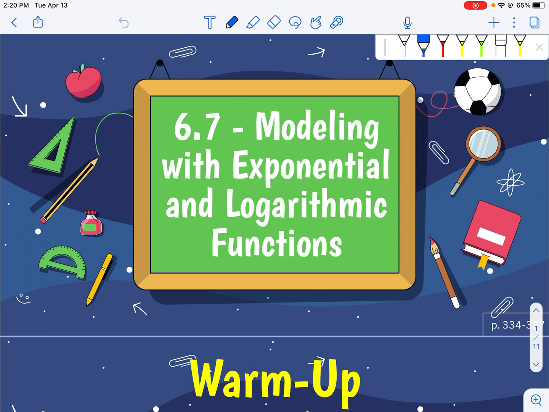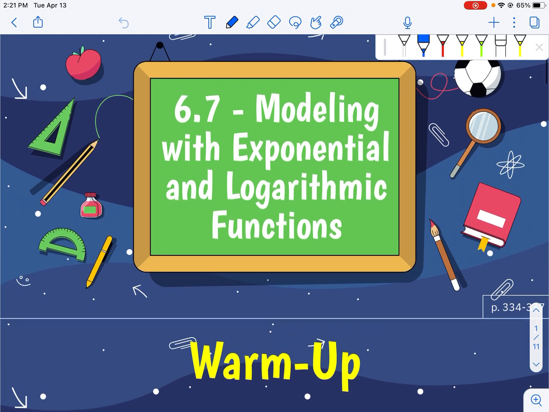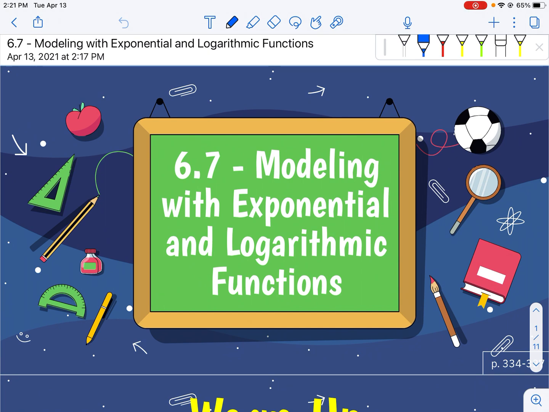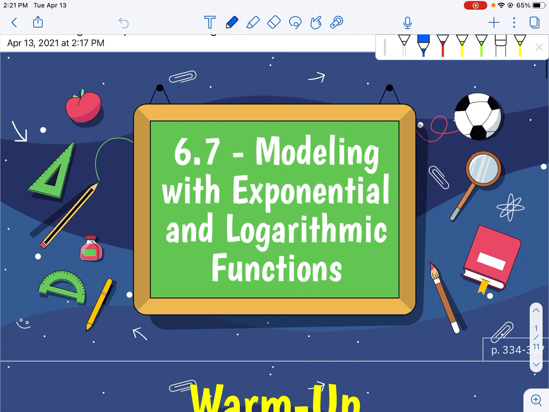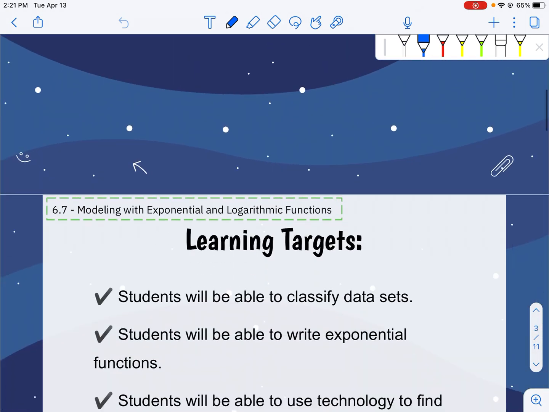But since you guys are all at home and not everyone has a TI-84 or a graphing calculator, we're going to have to skip that calculator part and hopefully come back to that when we are in person. So we're just going to look at a couple things today, and then we'll move forward.